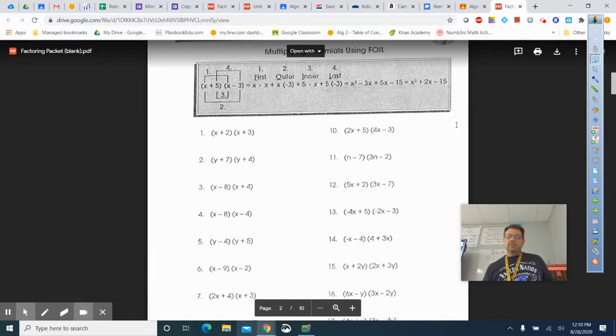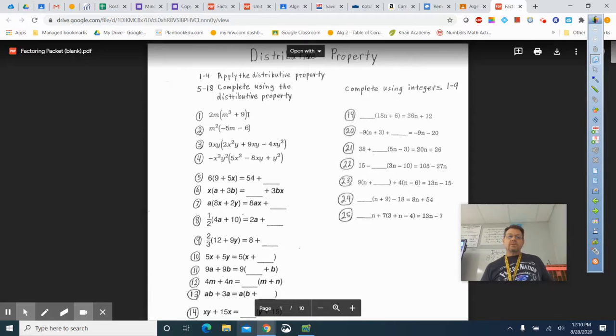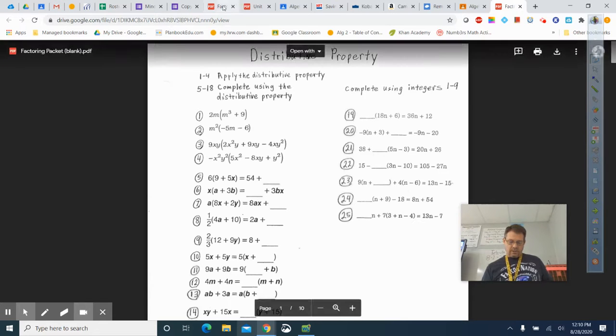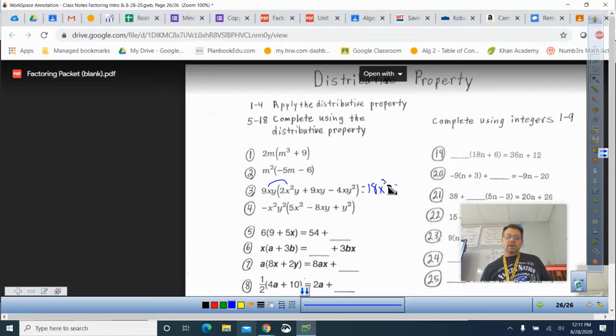Let me look at a couple more things real quick, since this is for homework as well. On page 1, we're working through the distributive property. We did this just to make sure you're on track. You're going to do this by every one of them. So that's 2 times 9, that's 18, x to the third, y squared, and then you continue finishing that out.